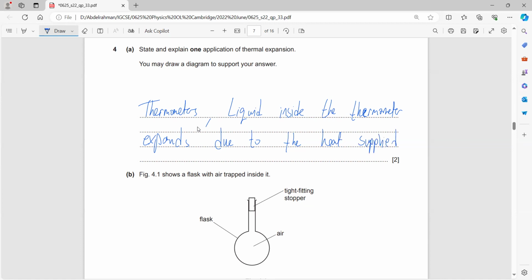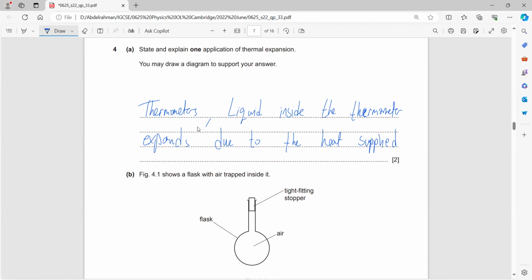I don't need to mention the particles moving apart, since it's only 2 marks. So we can just write that the liquid inside expands due to the heat supply. This is the application of the thermometer.